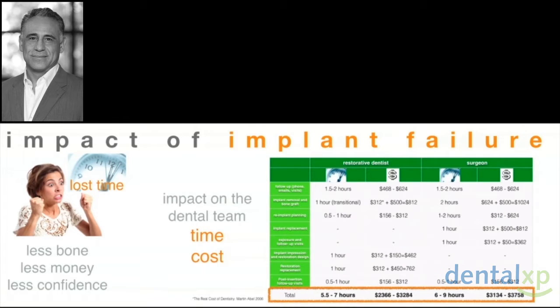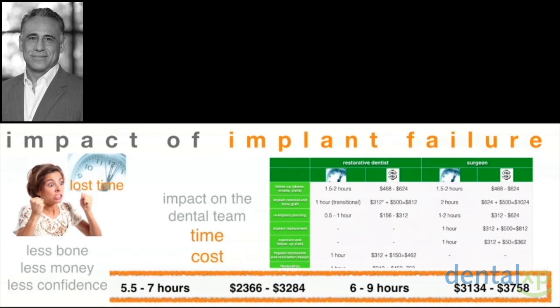In essence, the amount of time that's spent is somewhere around 5.5 to 7 hours for the restorative dentist, with additional cost to them of somewhere around $2,000 to $3,000, and for the surgeon another 6 to 9 hours for additional cost of $3,000 to $3,700, and this is really based on the approximate hourly cost for the time spent for these treatments.